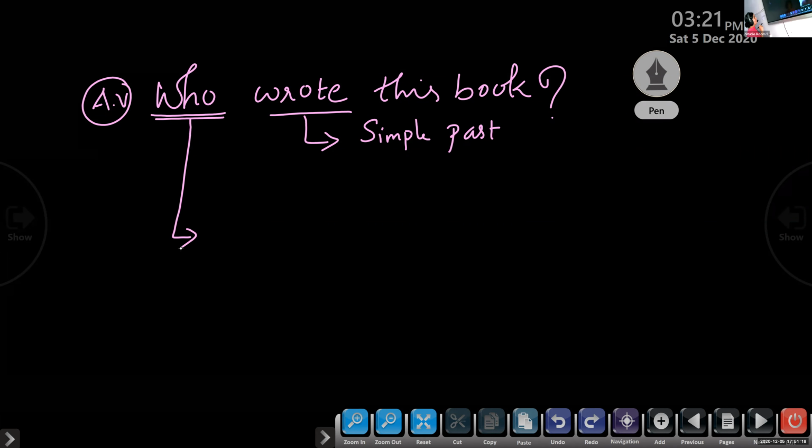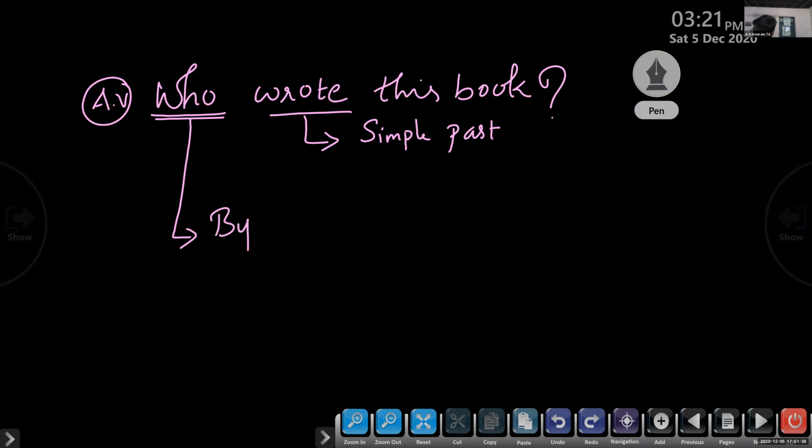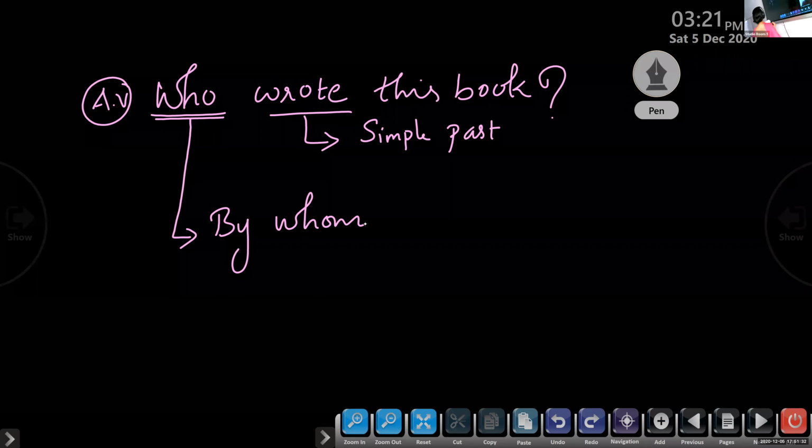So instead of who, when I transform a sentence beginning with who into passive voice, which form should I use here? By whom. Excellent. So who is changed into by whom. By whom was the book written? Very good. It is in simple past tense, so the be form is was.